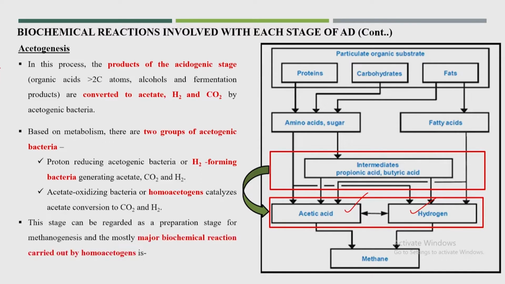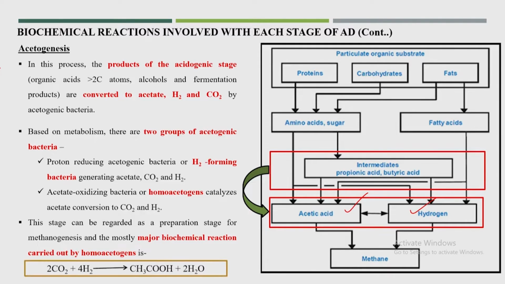This stage can be regarded as a preparation stage for methanogenesis, and mostly a major biochemical reaction carried out by acetogens. So, what will be the reactions here? Could be CO2 plus H2 gives CH3COOH, that is acetic acid production.